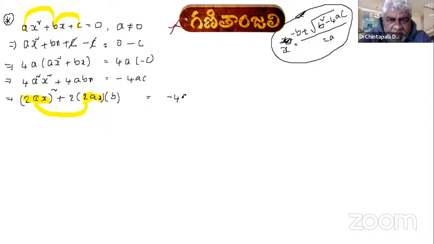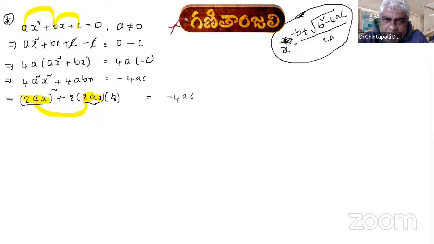You know the a plus b whole square formula? a square plus 2ab plus b square. When we remember that formula, this is a square. A square means what here? 2ax. 2ab, see, matching. A square, 2a.